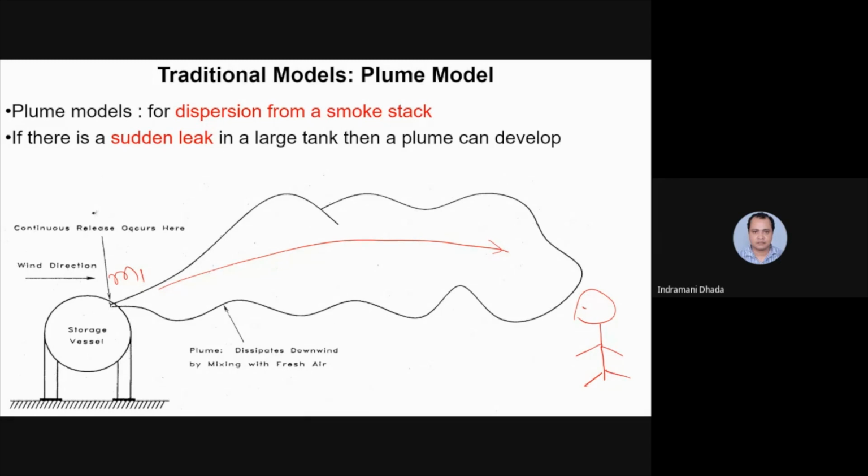Suppose there is a certain vessel and a certain leakage is there. Then this pollution will be released continuously. The vessel is totally filled up with some pollutants or gas, and the gas is continuously emitting. This is called dispersion from a smokestack. If it is a sudden leakage, then also this kind of thing will happen.